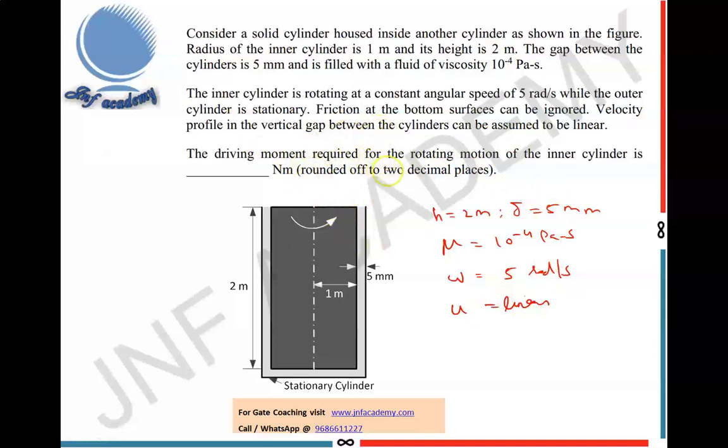The driving moment required for the rotating motion of the inner cylinder is. So basically they are asking for this torque, that's what the driving moment is. That is very, very straightforward because the torque applied will be equal to the torque because of viscous.